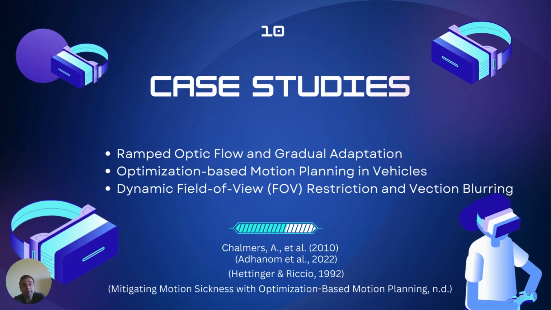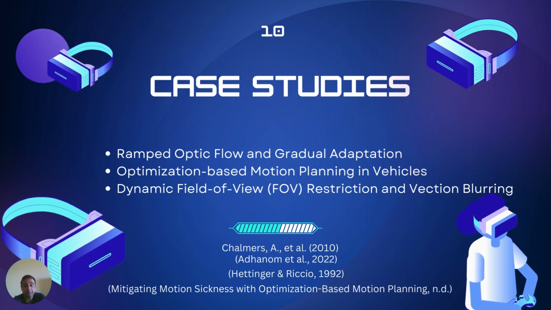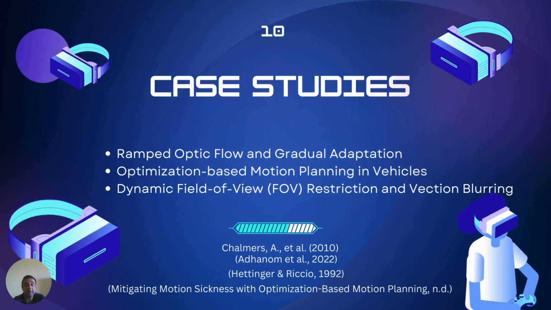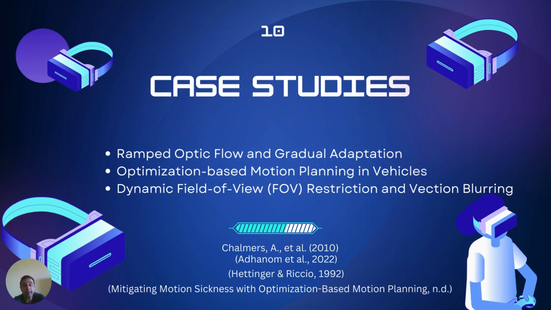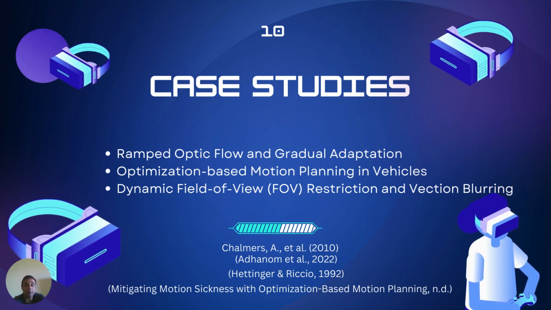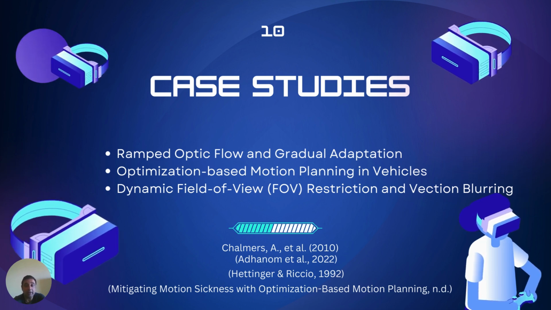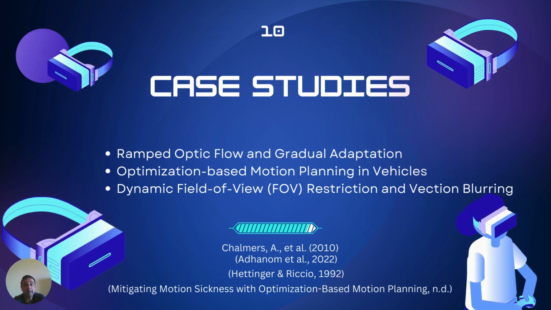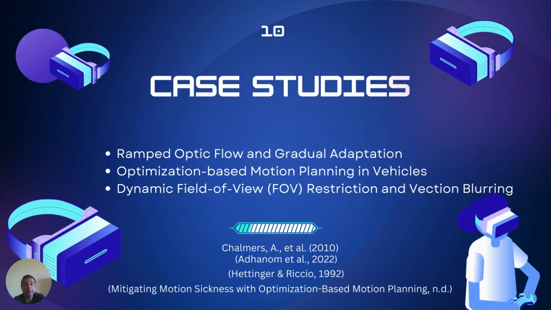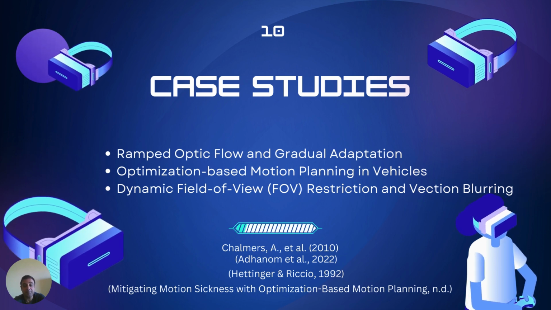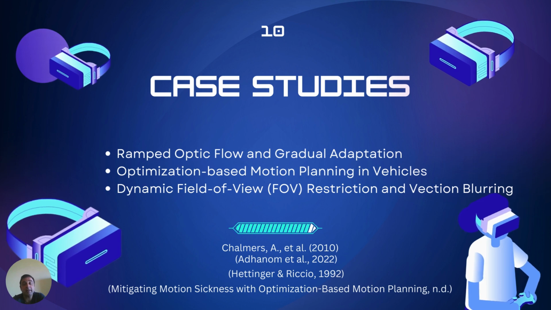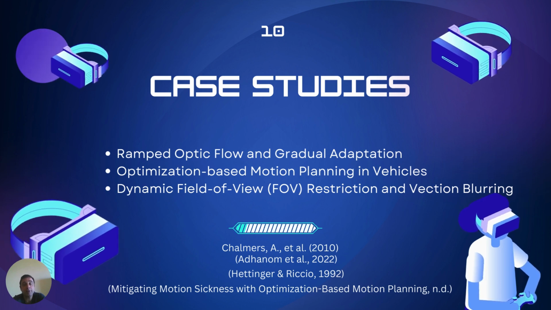This algorithm balanced time efficiency and passenger comfort by using frequency-weighted accelerations to reduce discomfort during travel. The approach is adaptable and allows for real-time adjustments based on passenger preferences, demonstrating a significant reduction in motion sickness symptoms.